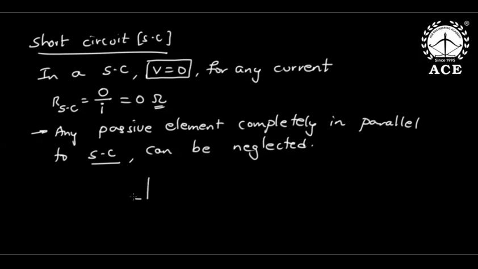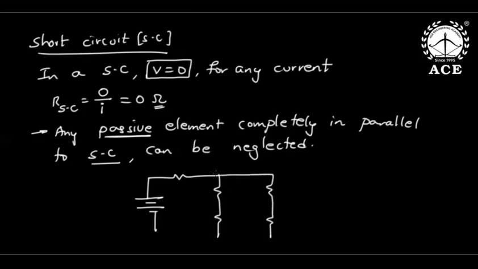Here also, first only passive elements I am teaching, because independent and dependent sources we will study later, after Thevenin's. Now suppose I take an example like this: 10 volts, 1 ohm, 2 ohm, 3 ohm, 4 ohm, 5 ohm, and I am creating a short circuit across 4.